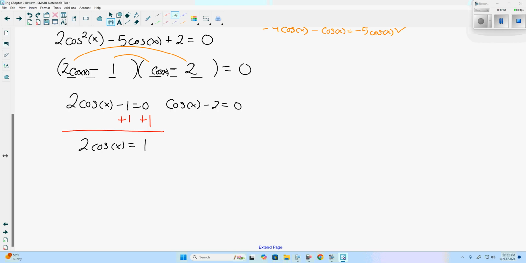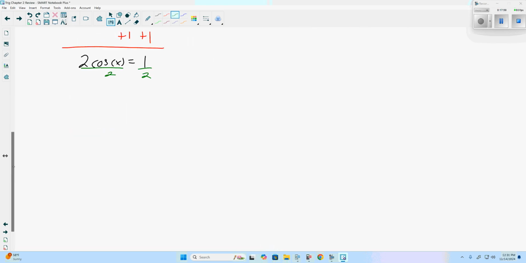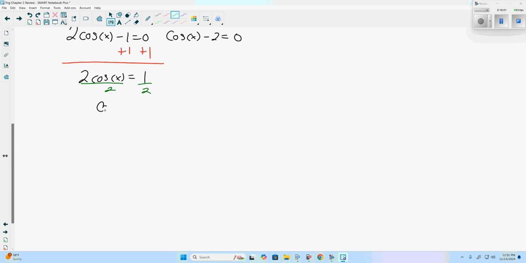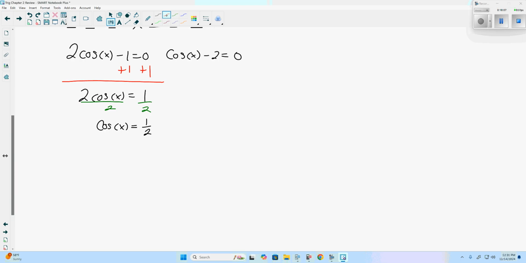Then we would divide by 2, telling us that cosine of x is equal to 1/2. Let's go and solve the other one. Add 2, telling us cosine of x is equal to 2.